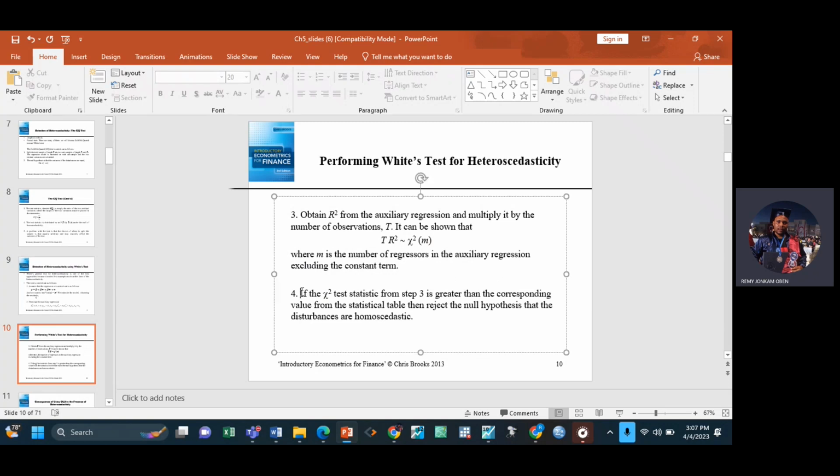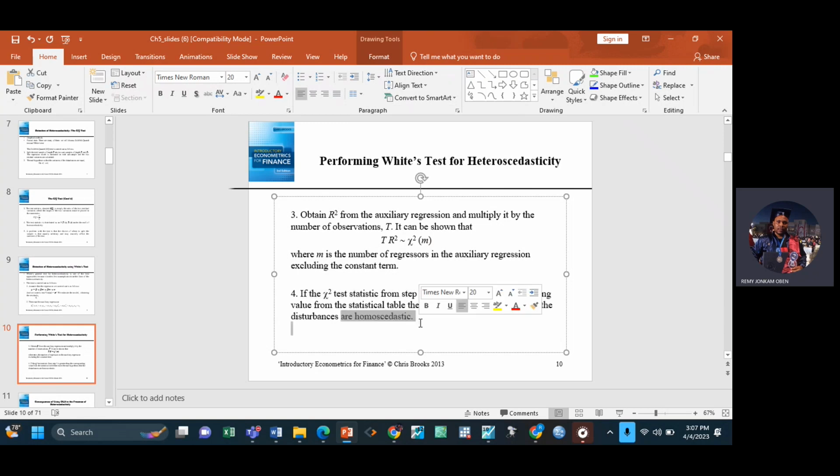Now, in the fourth step, if the chi-squared test statistic from this step is greater than the corresponding value from the statistical table, then reject the null hypothesis that the disturbances are homoscedastic. Guys, this is typical hypothesis testing. Of course, as we mentioned in the tutorial last week, if the test statistic is greater than the critical value, then we reject the null hypothesis, right?